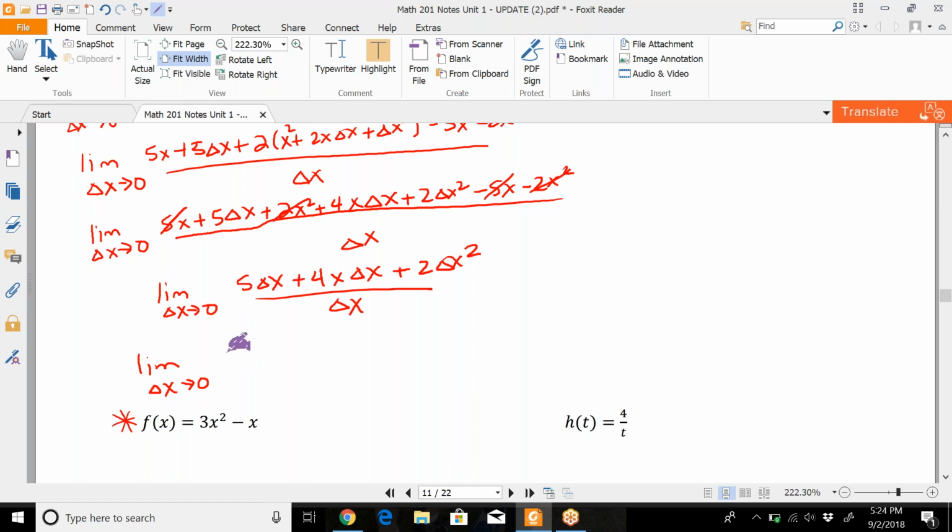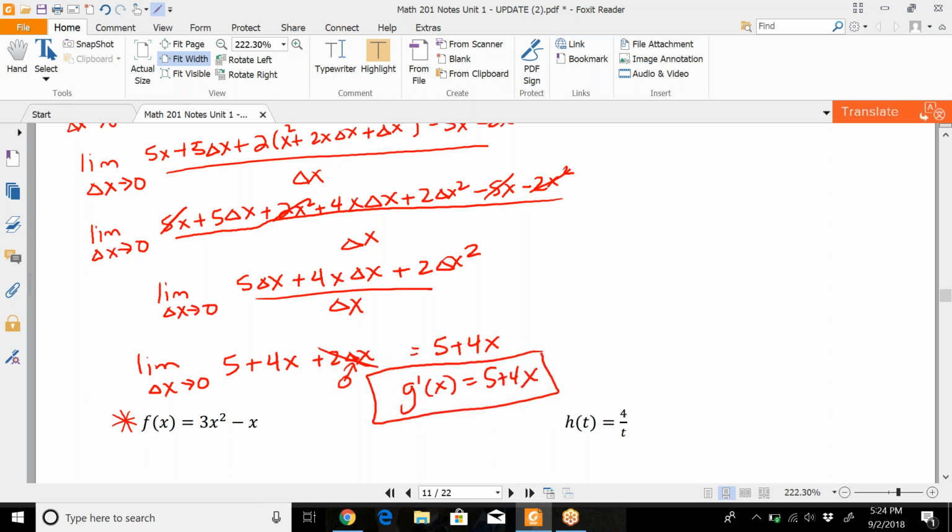And this would be 5 plus 4x plus 2 delta x. The delta x is going to go to 0, so that makes this whole term go away. So it's just 5 plus 4x. So g prime of x is 5 plus 4x.